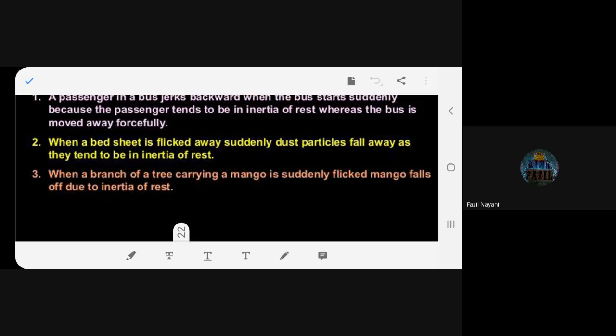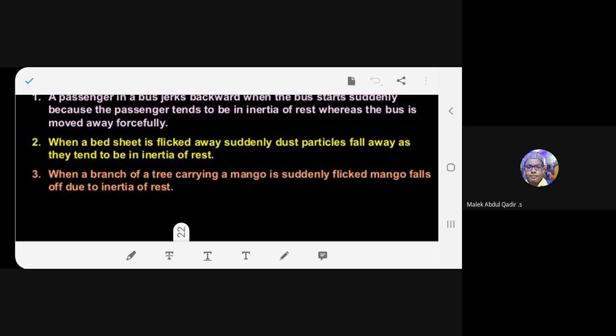Yes. Third example, beta. When a branch of a tree carrying a mango is suddenly flipped, the mango falls off due to inertia of rest. Same thing happens with a mango tree.